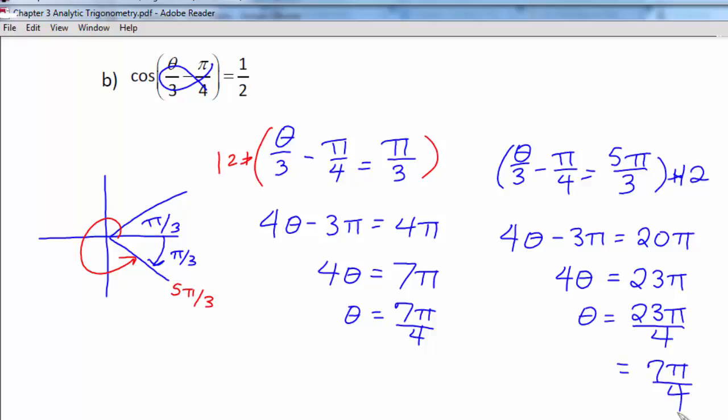Coincidence, so don't make a general assumption there. We have one answer, theta equals 7 pi over 4. Questions about that? Any questions? Okay, very good.